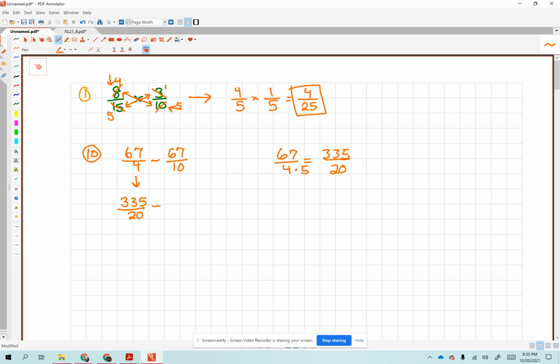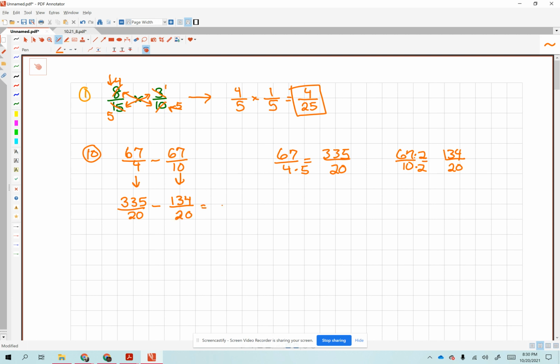335/20 minus, now let's look at the 67/10. We want to convert that to 20ths. So we know that 10 times 2 is 20, so 67 times 2 is 134. So we'll rewrite the 67/10 as 134 20ths.